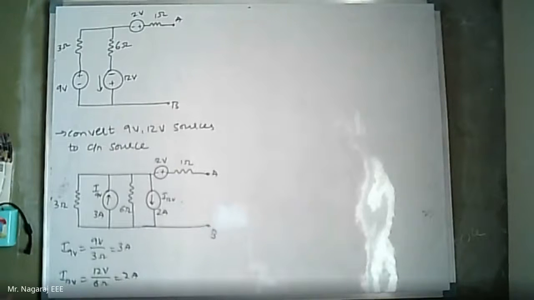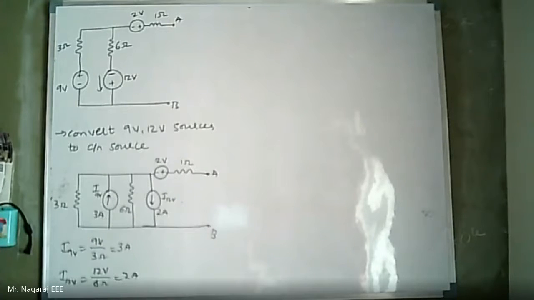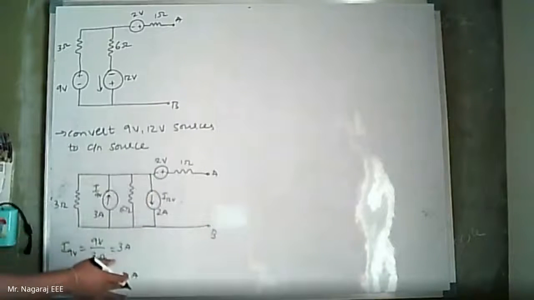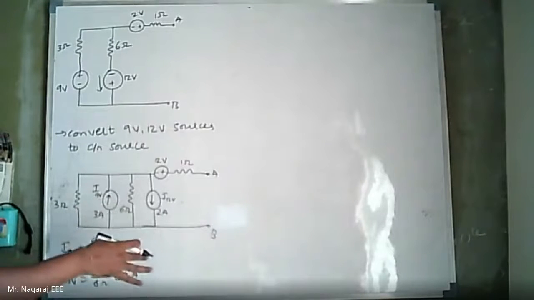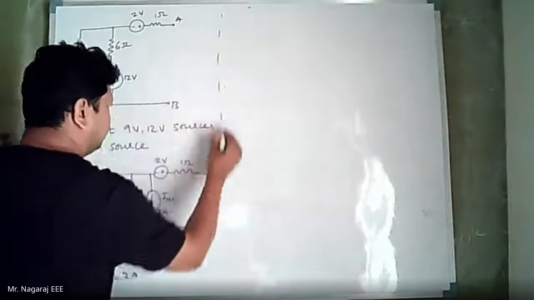Now if I want to convert this into an equivalent current source, there are 2 currents flowing in opposite directions. So the net current is the larger current minus the smaller current, with the direction equal to the larger current. Now 3 ampere is flowing upward, 2 ampere is flowing downwards. So the net current is 3 ampere minus 2 ampere with the direction upward.